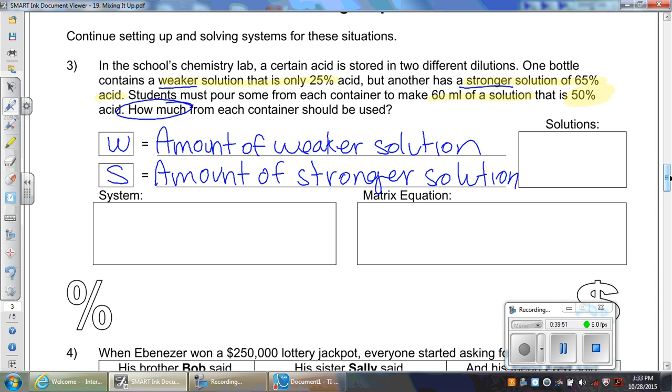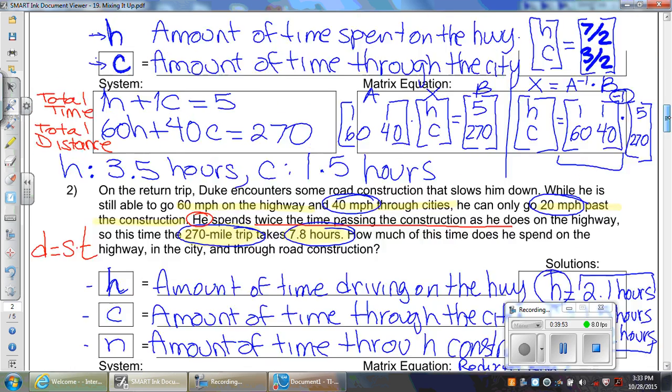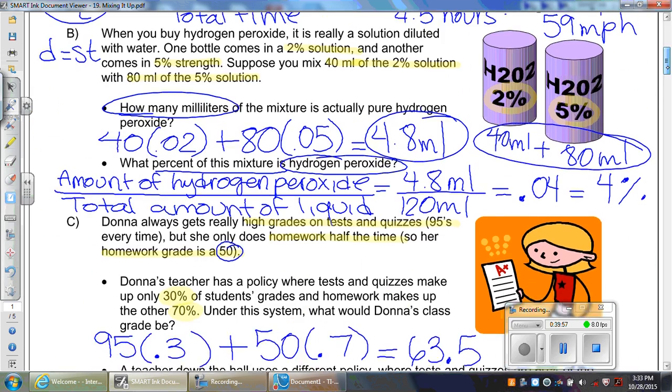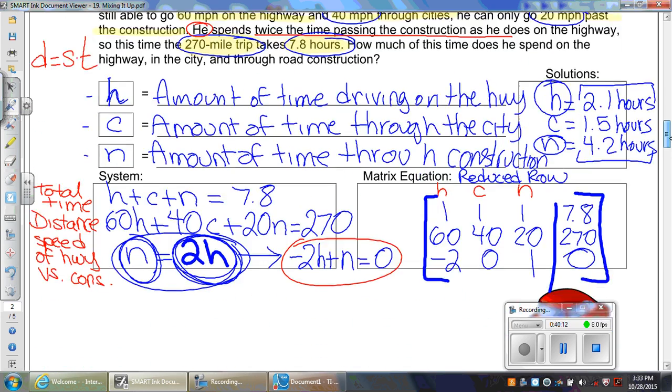Okay, and we're going to refer back to that page, the first page, where we talk about the hydrogen peroxide. And if you notice, for the total amount of hydrogen peroxide, we had to multiply the amount of the solution times the concentration. So let's see if we could do that.